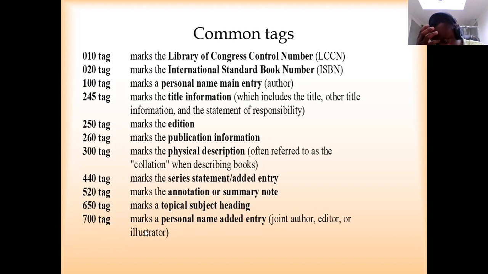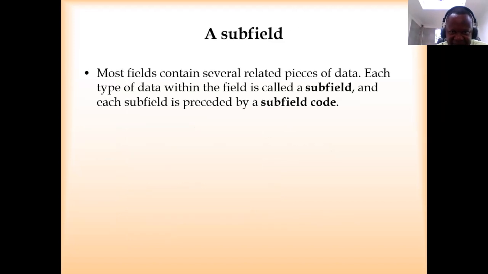Even that one, we shall just be typing. And these are the common tags. But why I'm moving forward is to try to address those who are not picking. And it is because of the dollar sign, the subfield.